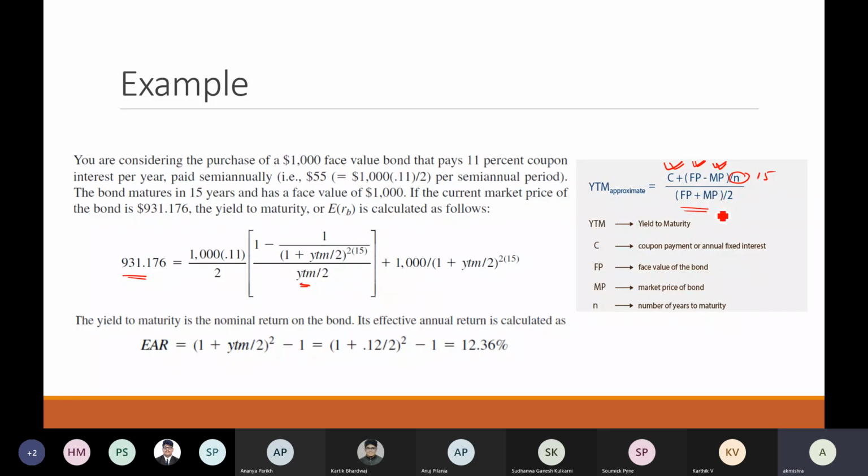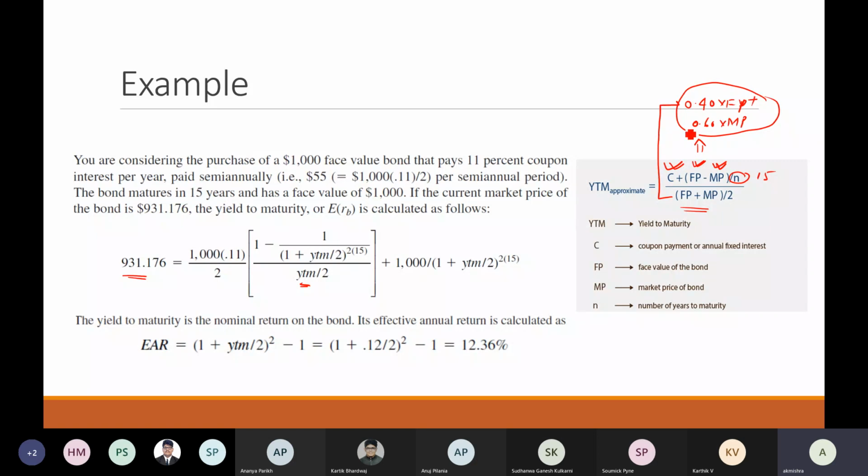And sometimes certain textbooks follow a different approach, especially for the denominator part. What they do is give 40% weightage to face value and 60% weightage to market value or market price. And what logic is followed here?